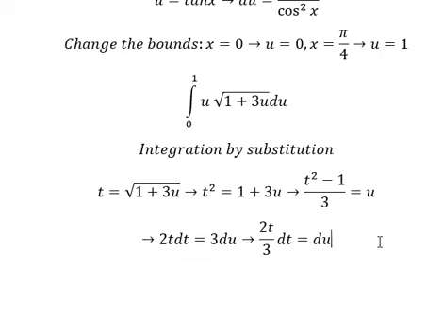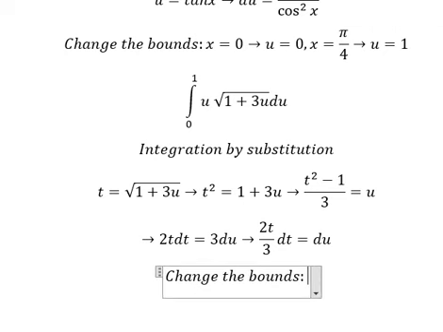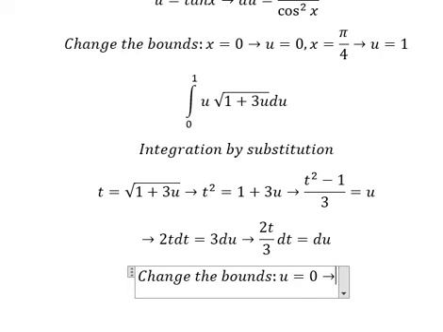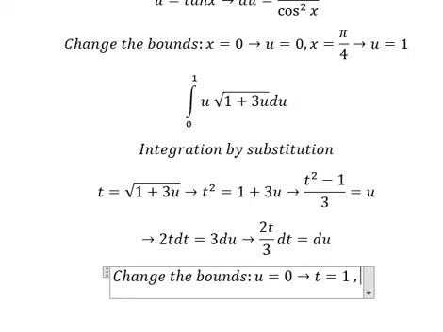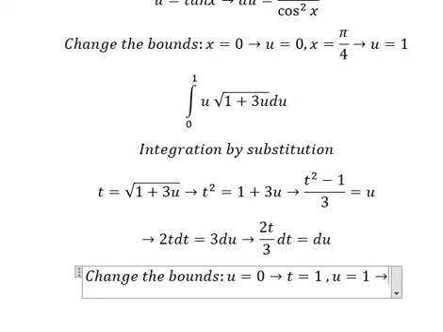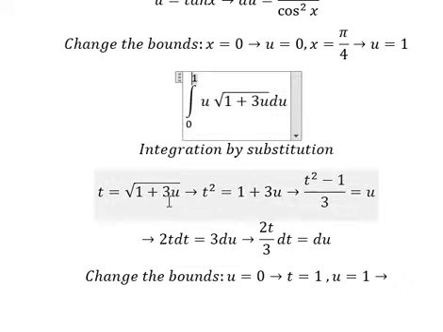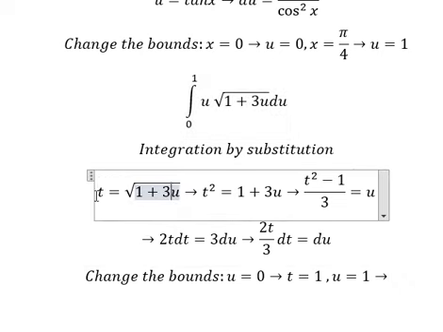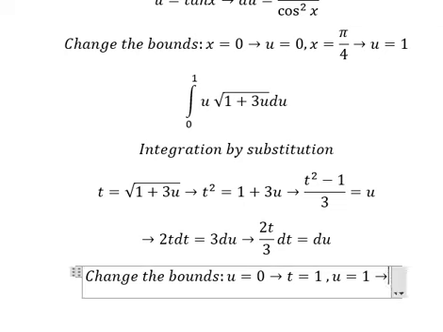Now we need to change the bounds. When u equals 0, we put 0 in here, so t equals 1. When u equals 1, we put 1 in here, so we can find the value of t, that is 2.